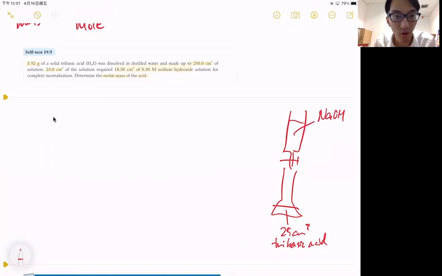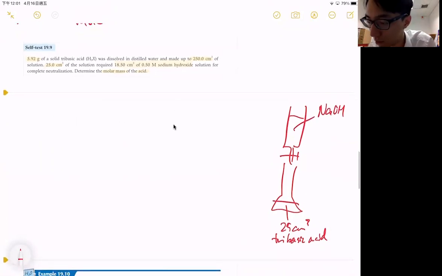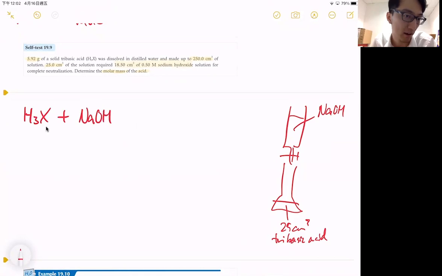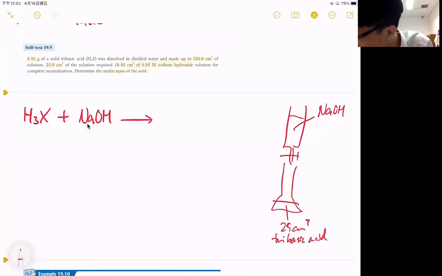For this kind of question, you need to write down the chemical equation first. We use the tribasic acid to react with sodium hydroxide, right? Since it is a tribasic acid, the mole ratio between sodium hydroxide and the tribasic acid will be 3 to 1, and we will form sodium salt Na3X and also water.